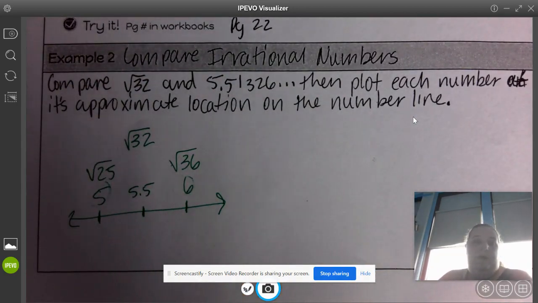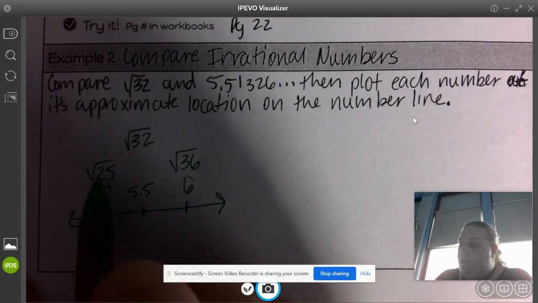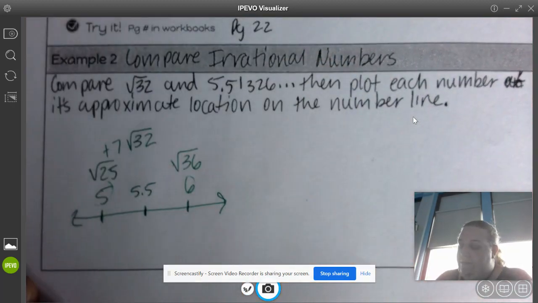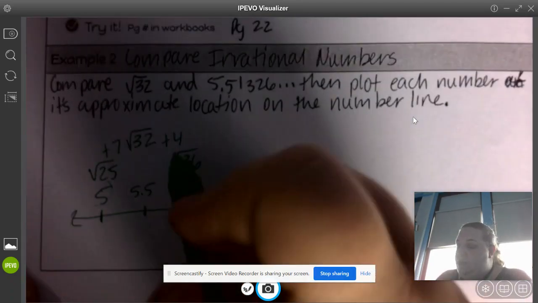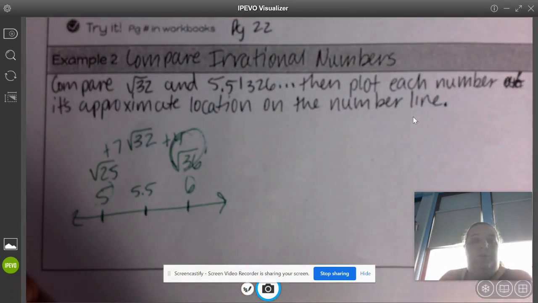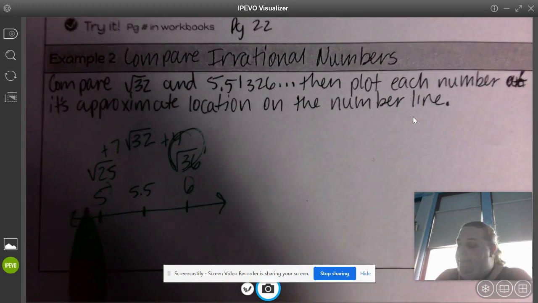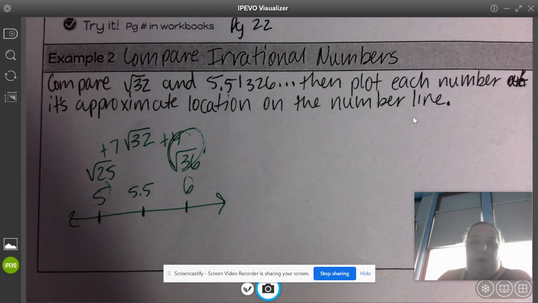To get from 25 to 32, the distance is 7, and 32 to 36 is 4. So I can see that the square root is closer to 36, but not quite, meaning it's bigger than 5 and close to 6, but not quite.